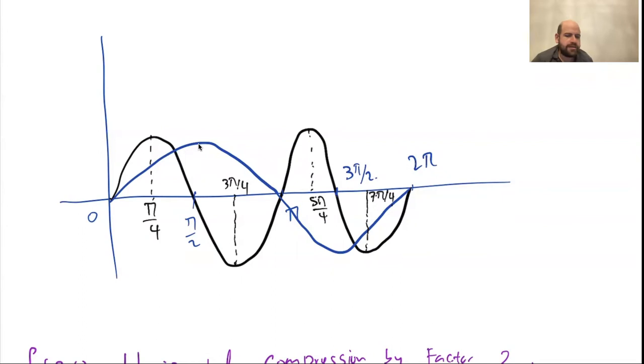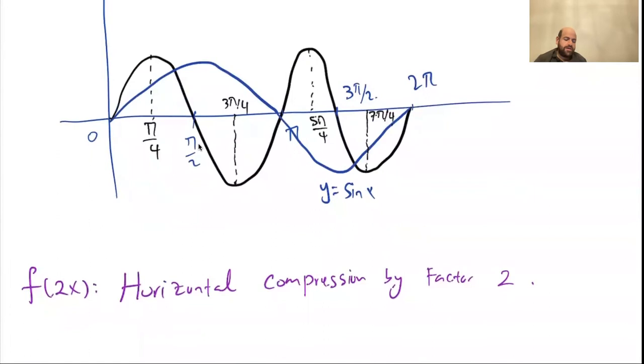The blue one is sine x, and the black one, which is the horizontal compression of the original graph, is what I call sine 2x. Pi over 2 and 3 pi over 2 are the local max and min of the original function, only 2 of them. But when you compress this, we'll have more local max and min.